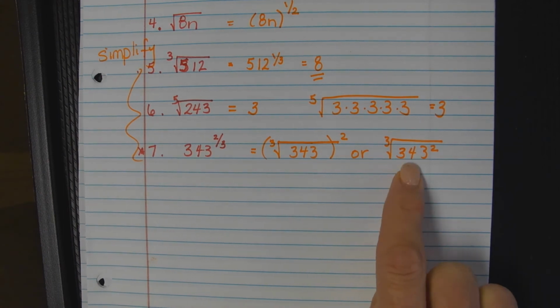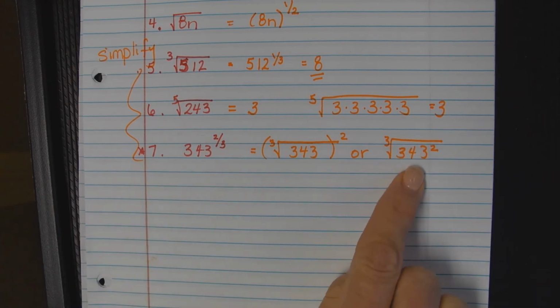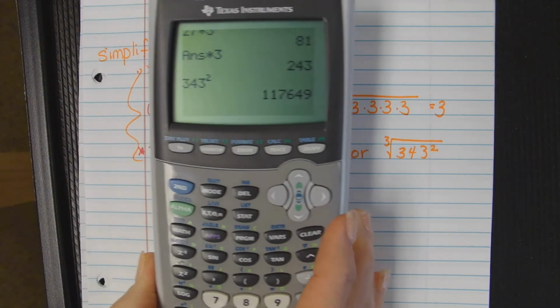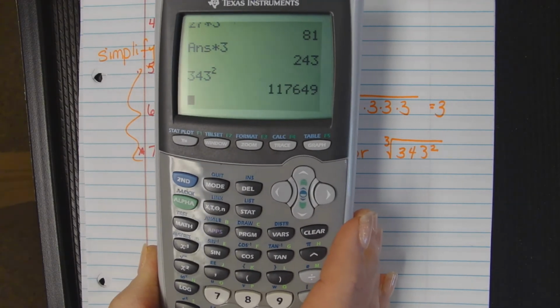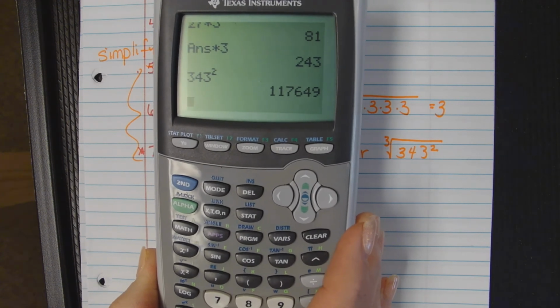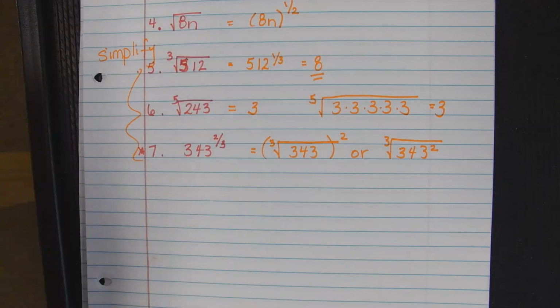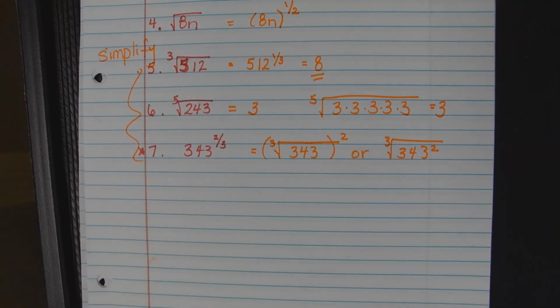I'm going to square this number. Do you have any idea how big it is? Look how large that number is. Who wants to mess around with that? Now, if you have your calculator and you're confident, you can do that. I would much rather deal with 343, since we're working on mental math as well.